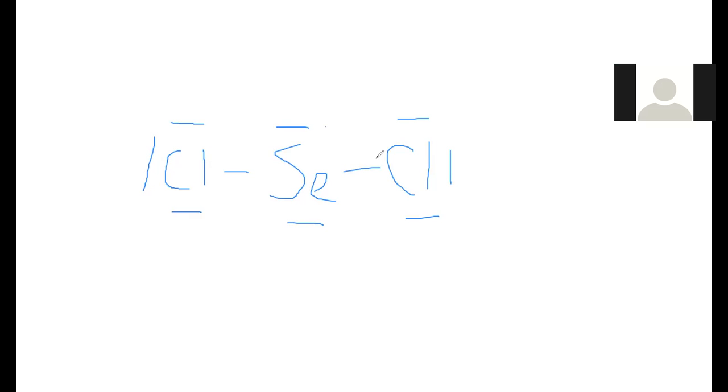Wouldn't chlorine still have the same amount if you move that bond, and then selenium would have more? I'm taking this one away and putting it here. Selenium would still have 8, but chlorine... you meant from chlorine, sorry. Okay.